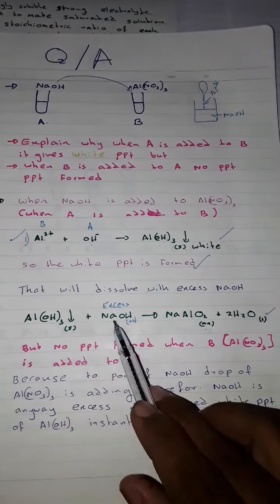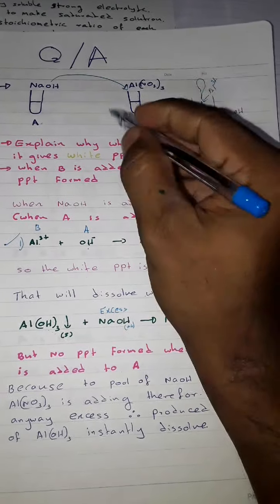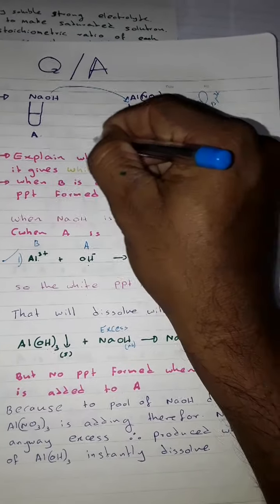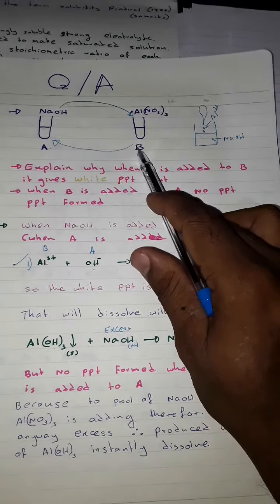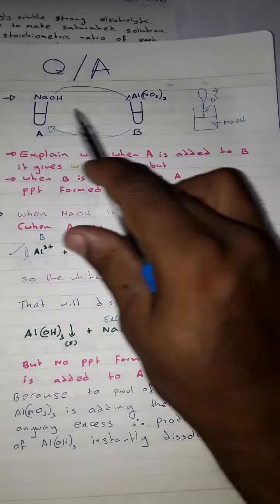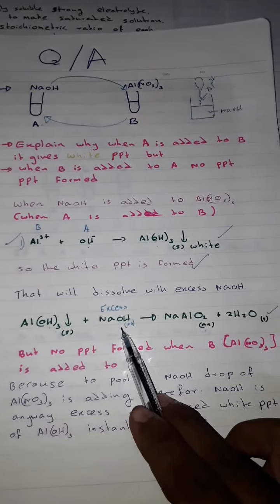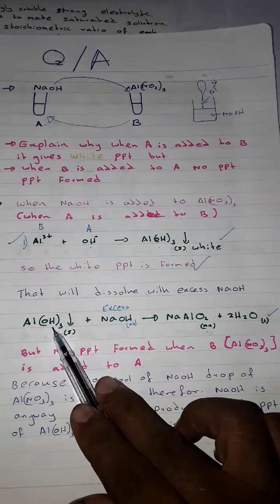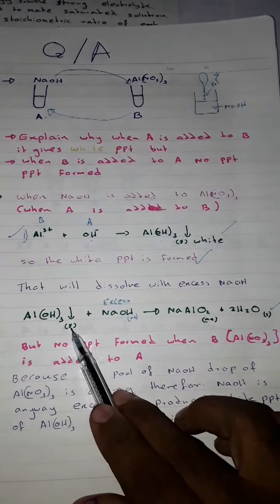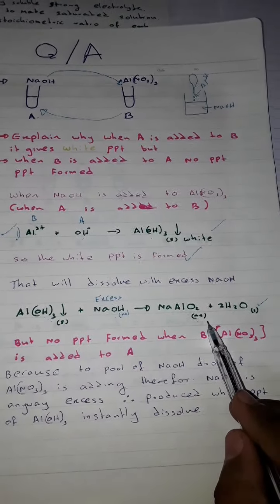So it already contains excess sodium hydroxide when B is added to A. So when B is added to A, we are adding a small quantity of aluminium ions to a pool of sodium hydroxide. That means sodium hydroxide is always in excess. Therefore, even though the aluminium hydroxide white precipitate is formed, it quickly dissolves in this way, right?